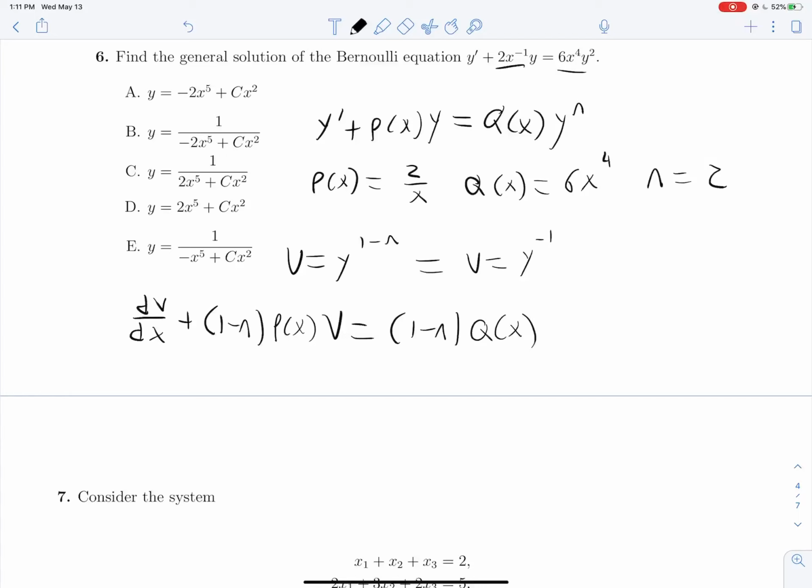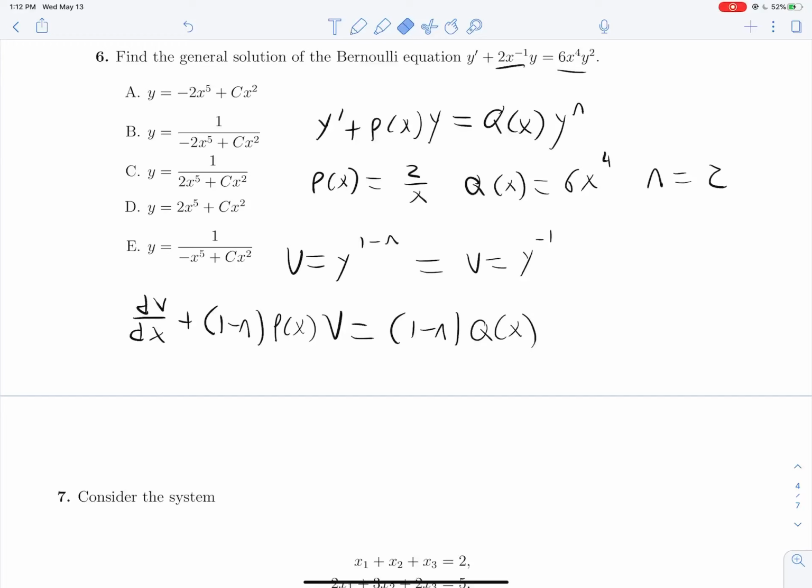I never did, because these Bernoulli equations pretty much never come up on exams for MA 266. But it's much easier doing this than actually going through the entire substitution, especially when you're short on time in a real exam situation.